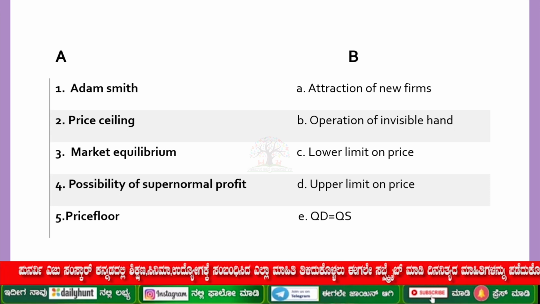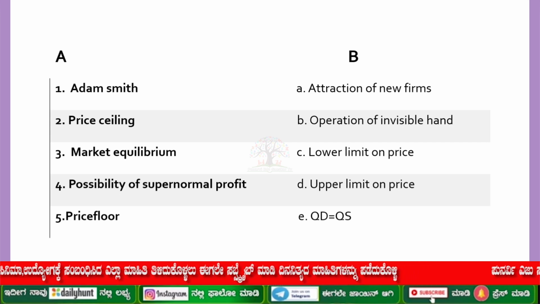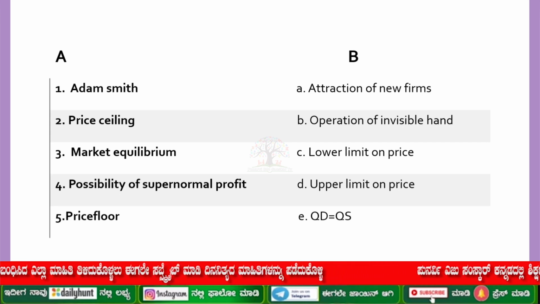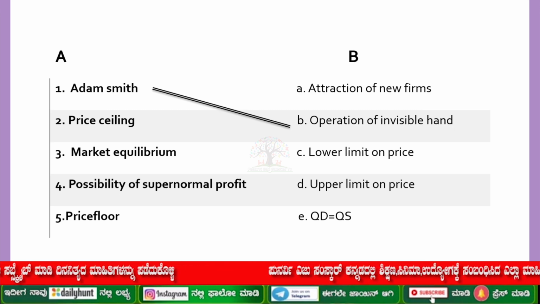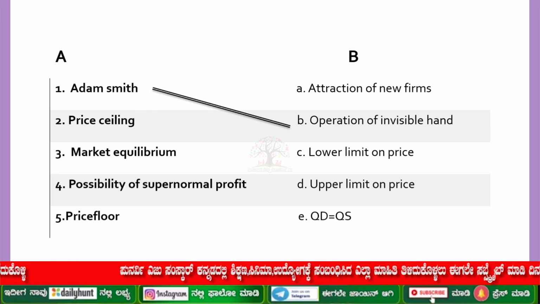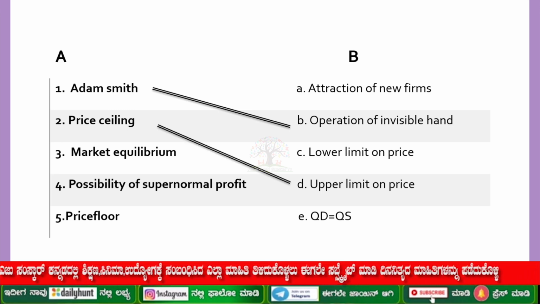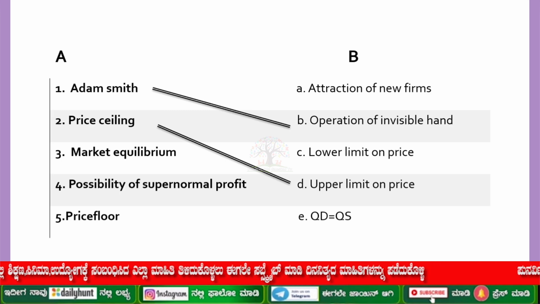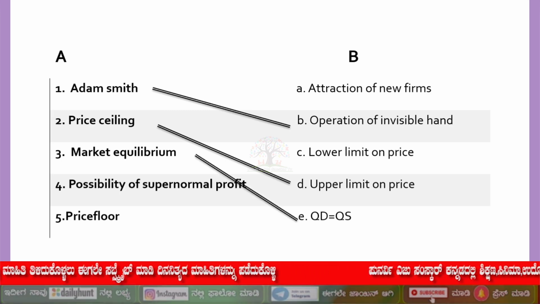Now let us discuss one more question, match the following. Adam Smith: as we know, the price mechanism is known as the operation of the invisible hand by Adam Smith. Price ceiling, it is the upper limit imposed by government on particular goods, especially agricultural goods. Market equilibrium, where quantity demanded is equal to quantity supplied.